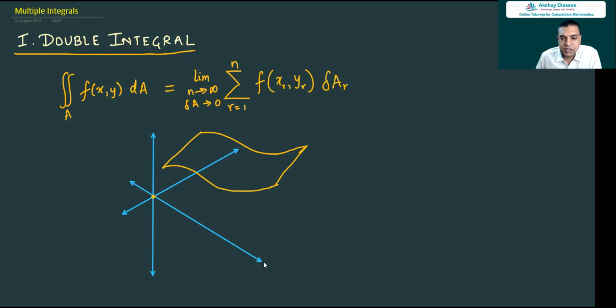Now this is the x-axis, this is the positive y-axis, this is the positive z-axis, and this is negative x, negative y, negative z. Now this is the xy plane, z equal to 0.